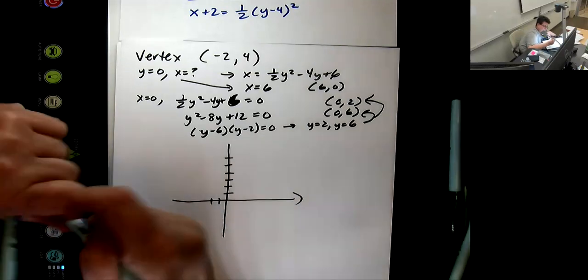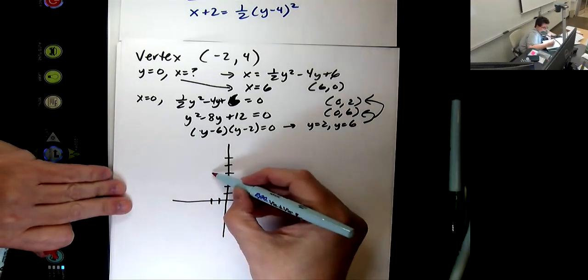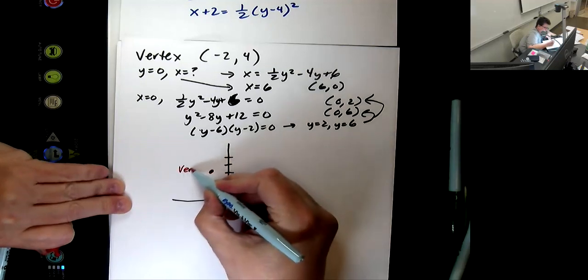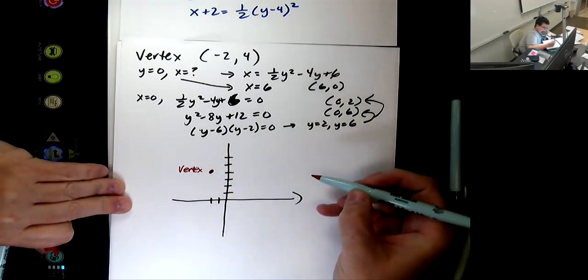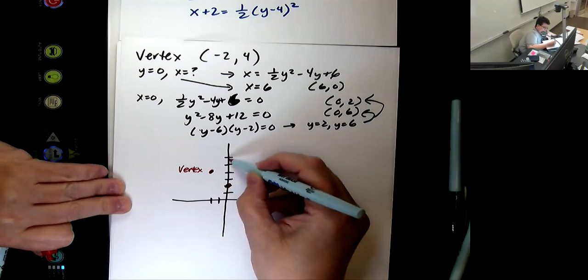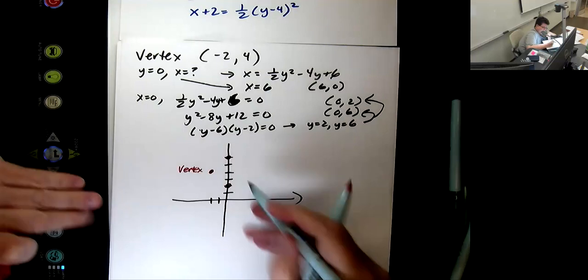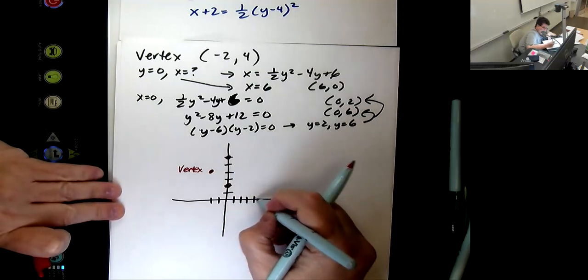So where's some points we got? We've got (-2, 4). That's my vertex. We've got (0, 2) and (0, 6). And we had (6, 0).